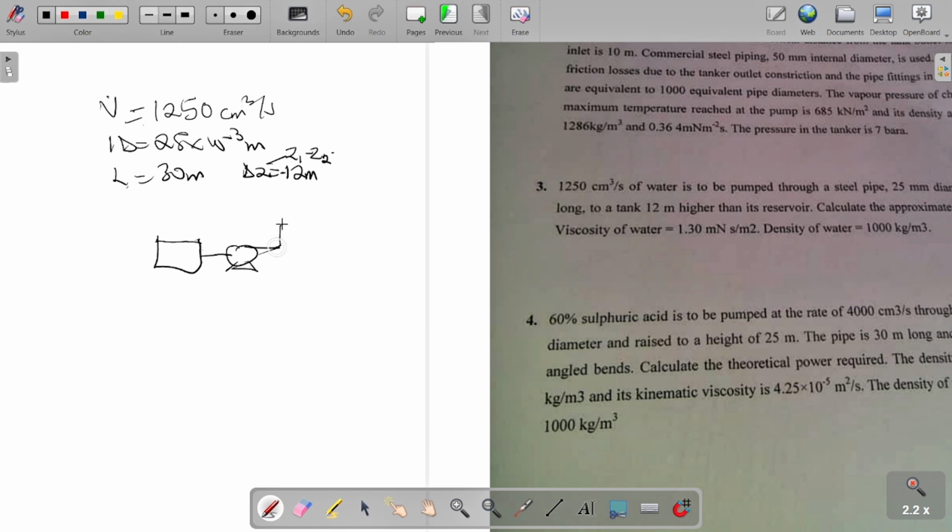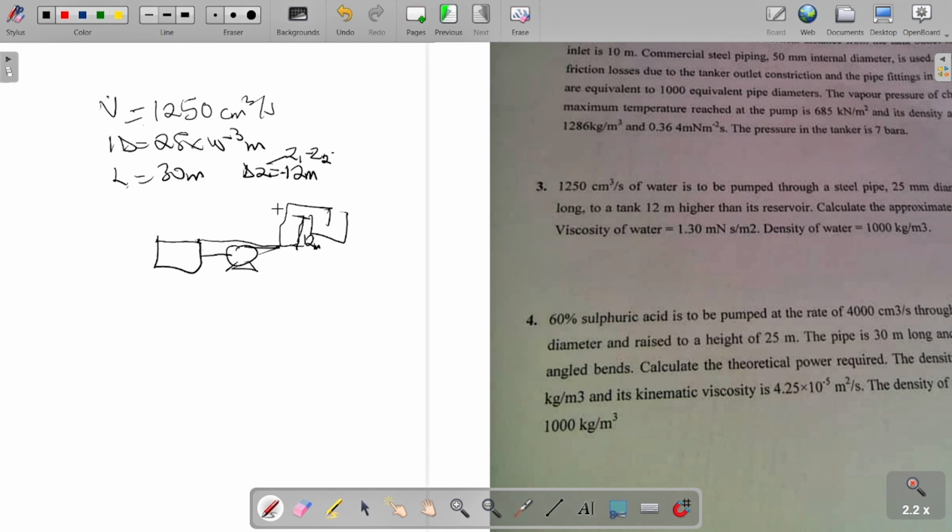So this is the discharge side, then to where we are delivering the thing to. So they said that from there you have a tank height of 12 meters, which is higher than its reservoir. So this is the reservoir. So from here to here, the distance comes at 12 meters.